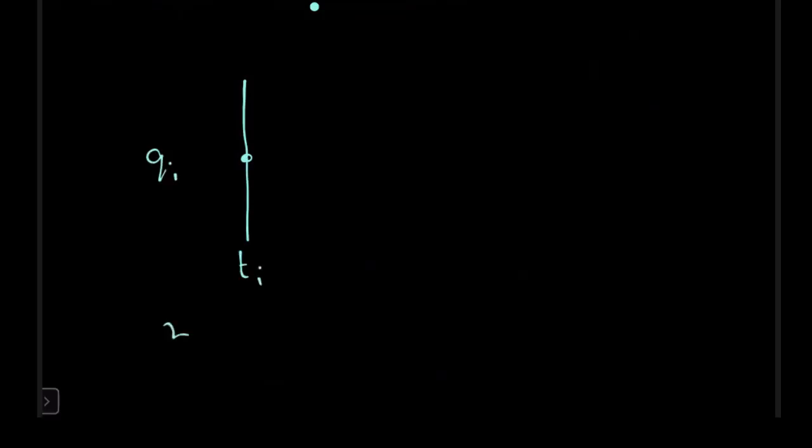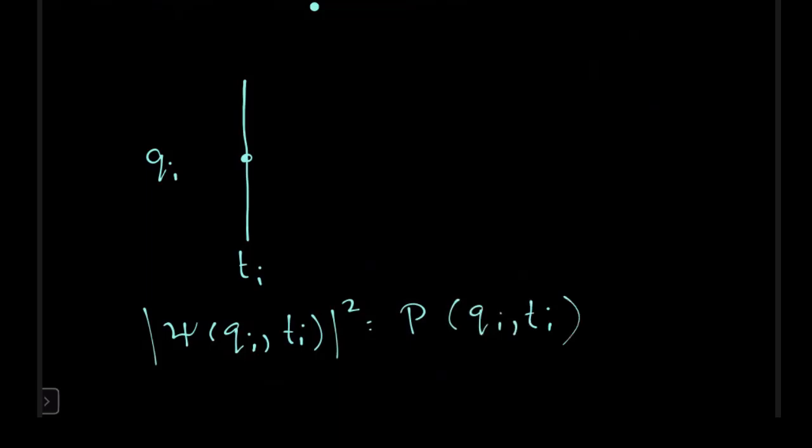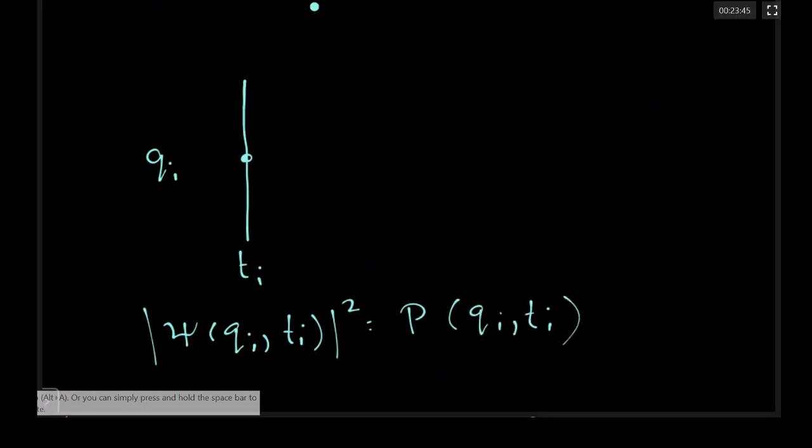When I say the wave function of the quantum particle at the initial time is this, we know that the square of this tells me the probability to find the quantum particle at time ti and position qi, right? This is clear.